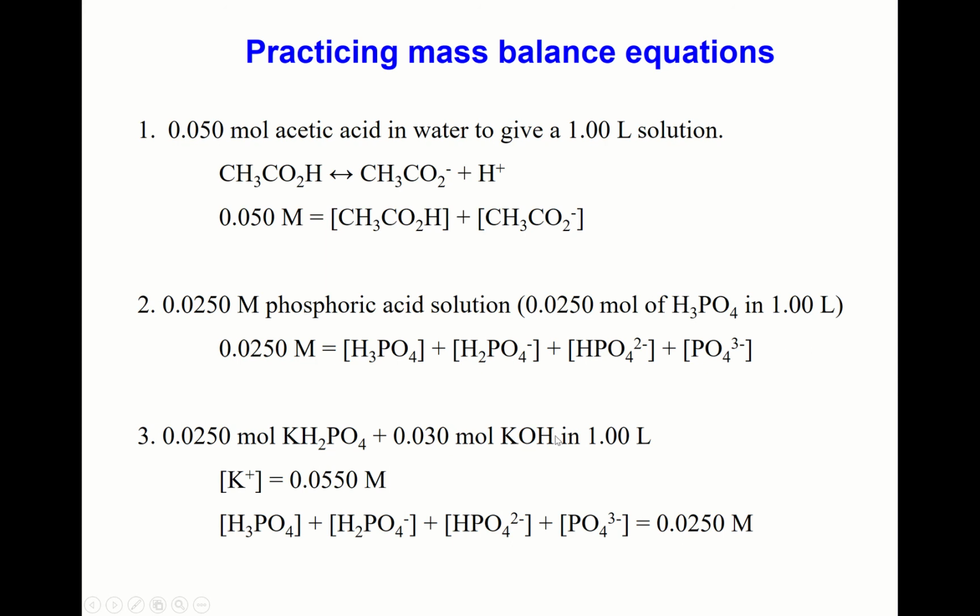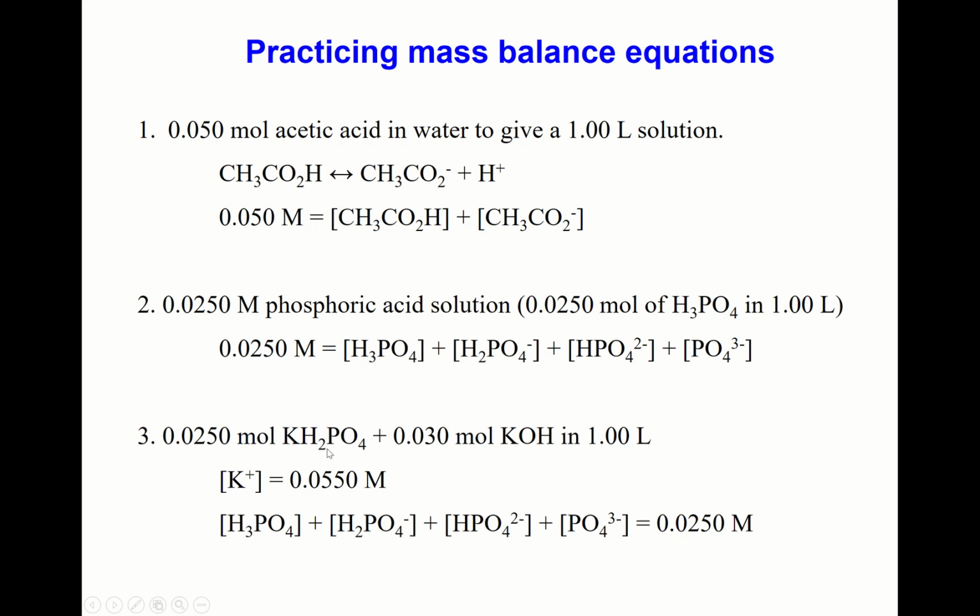In this case, we can write two mass balance equations. First one is for potassium ion. Since they completely dissociate, the potassium ion concentration is the sum of this one from here and the other one from this species, which is 0.055 molar.